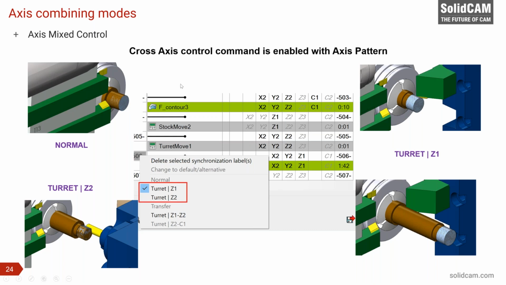This is a Swiss type machine with both a turret and a linear turret, as we call it. I can use the turret with Z1, so the turret will not move in Z, only the bar will move. Or I would like to have it like a normal lathe machine, so my bar will not move, and the turret will move in the Z-axis.